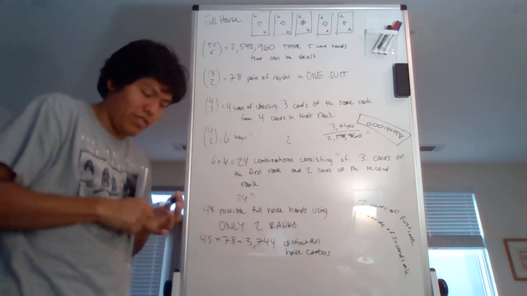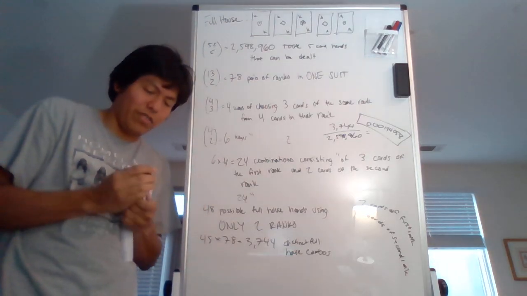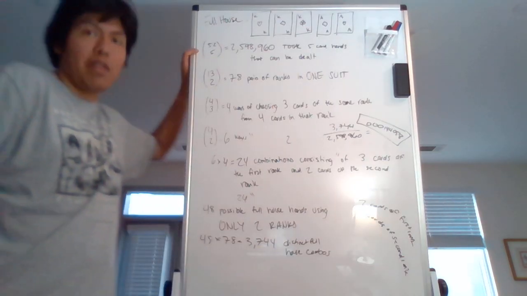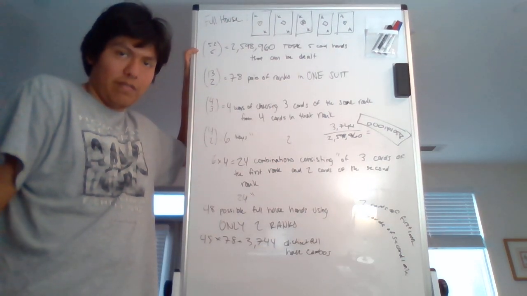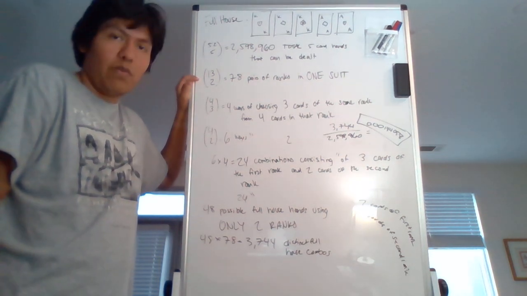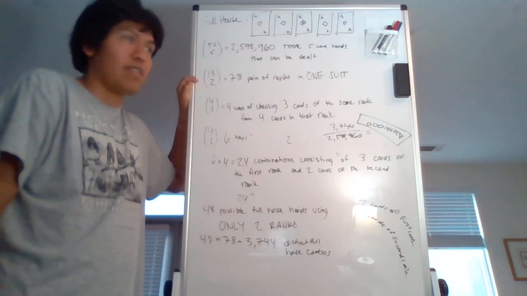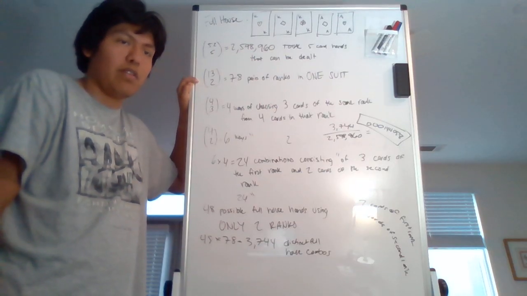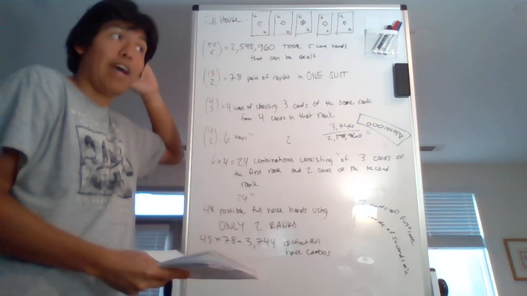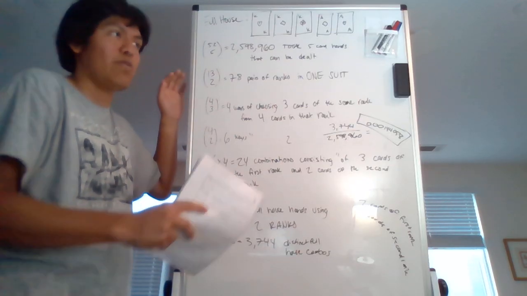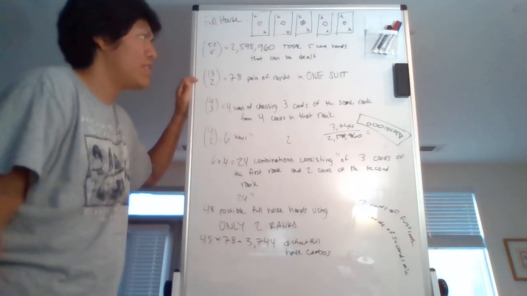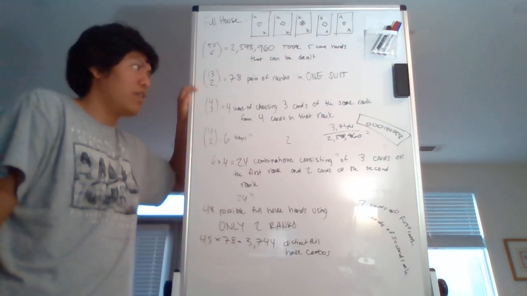So just to go over this quickly. First, we find how many total 5 card hands we can be dealt. Then we found how many possible pairs of ranks in one suit there are, right? So if you take only the diamonds, you can pair up an ace and a 2, an ace and a 3, a 2 and a 3, a 2 and a 4, like that. 78 pairs of ranks in one suit.